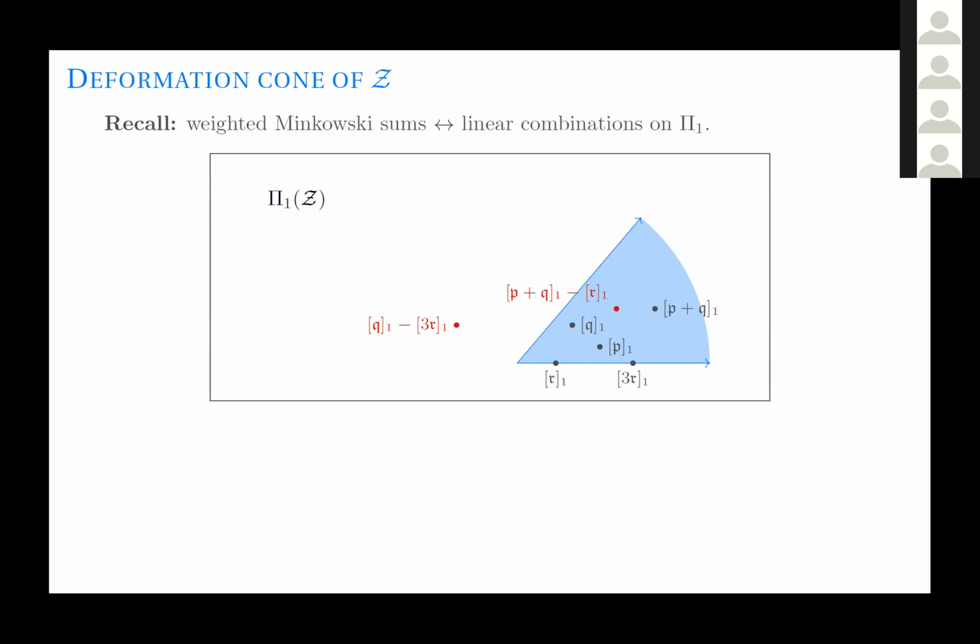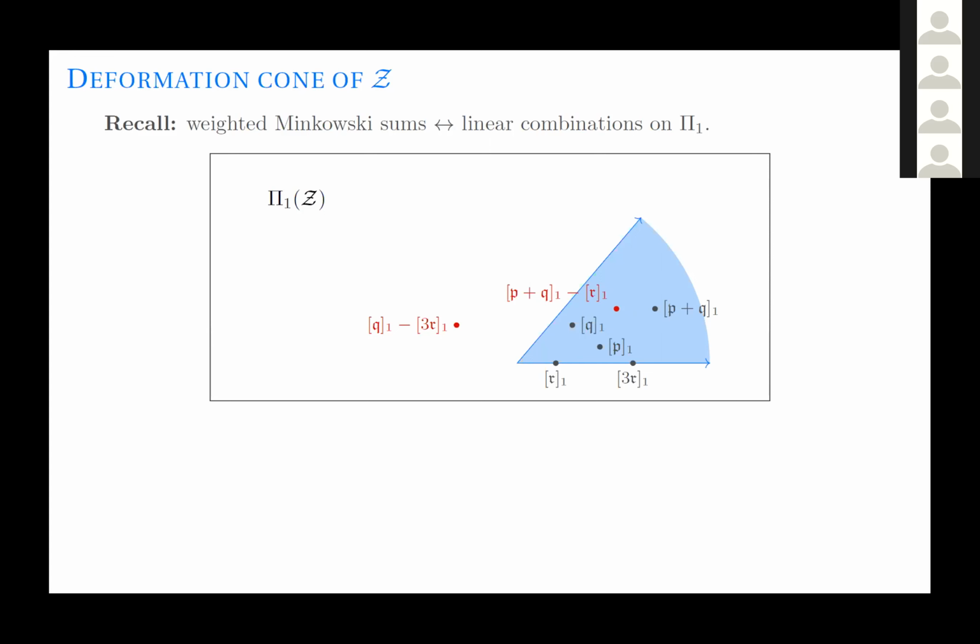But you can also have some linear combinations that don't use only positive coefficients. We can have linear combinations that have negative coefficients and still land inside of this cone. So that means at this point, even though I'm writing it as a difference of these two classes, it represents an honest deformation of C. Whatever this deformation is, it satisfies that the deformation Minkowski sum with R equals the Minkowski sum of P and Q. So we can say that this polytope is the signed Minkowski sum P plus Q minus R. It makes sense.